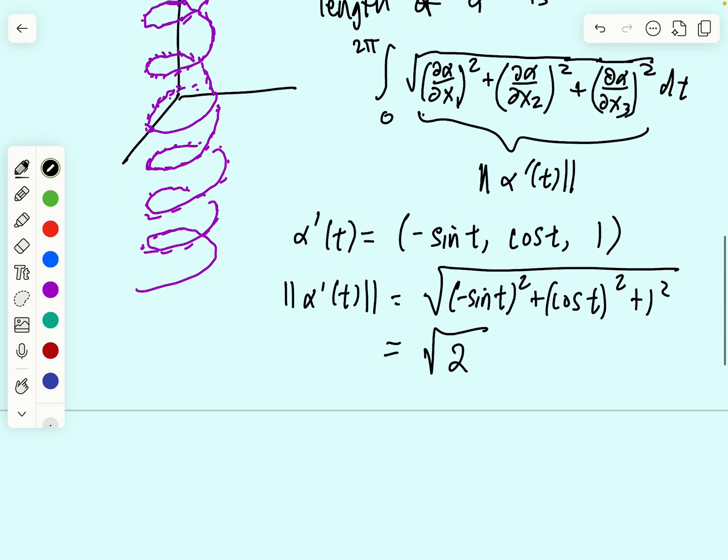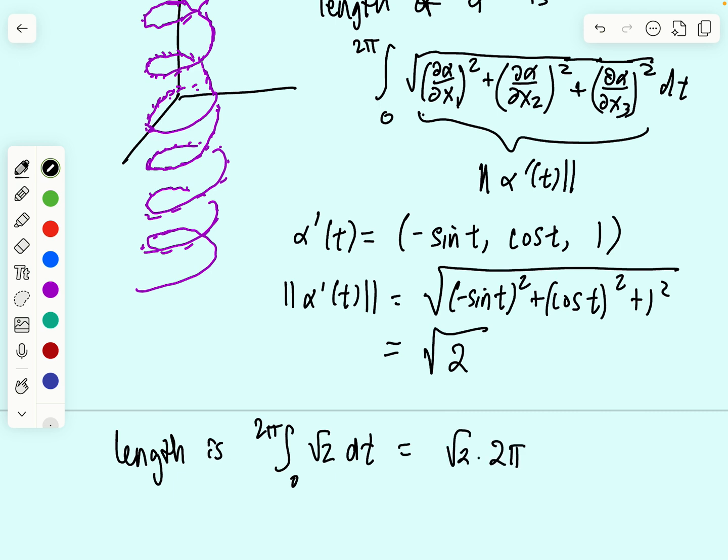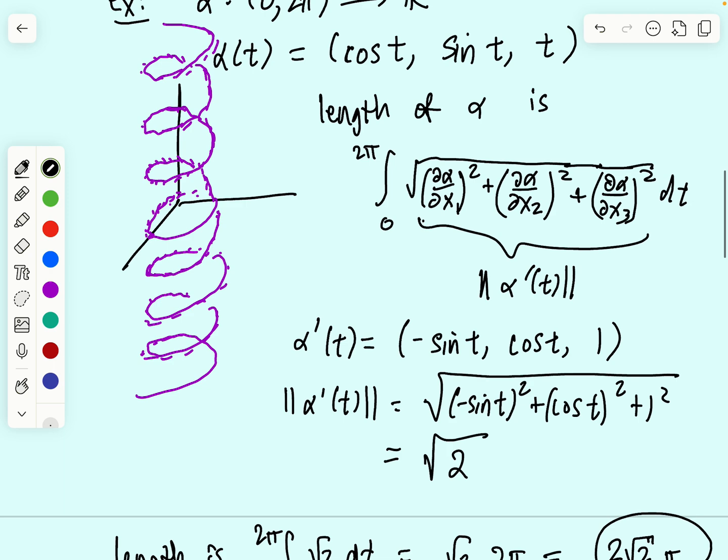And so the length is the integral from 0 to 2 pi of the square root of 2, and that's the square root of 2 times 2 pi. So 2 root 2 pi. That's the length of the piece of the helix corresponding to t equals 0 to t equals 2 pi.